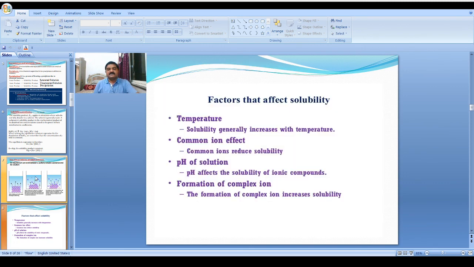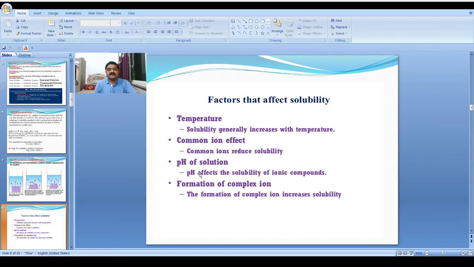Next, which are the factors responsible to affect the solubility? First, the temperature. The solubility generally increases with the temperature. Second, the common ion effect. The common ion reduces the solubility. Third, pH of the solution. pH affects the solubility of the ionic compound.